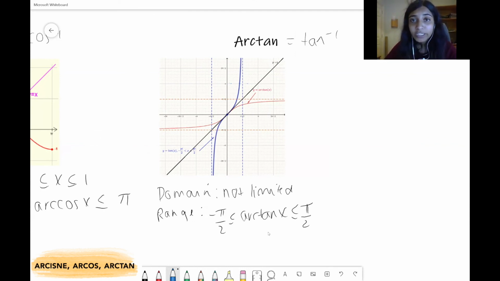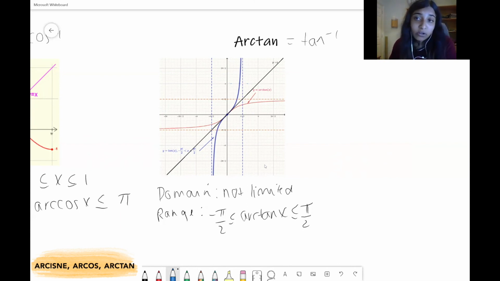So that means our range of inverse tan is now -π/2 to π/2. And for the domain of inverse tan, remember that for values of tan x, you can go all the way to infinity and all the way to -infinity. There's no limit to them.